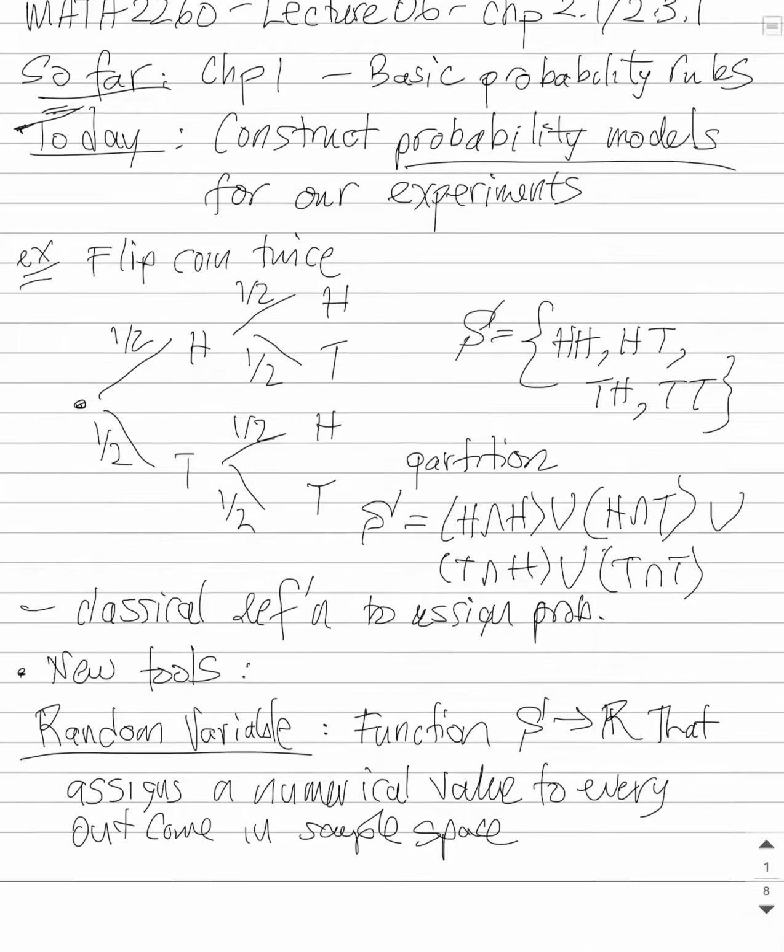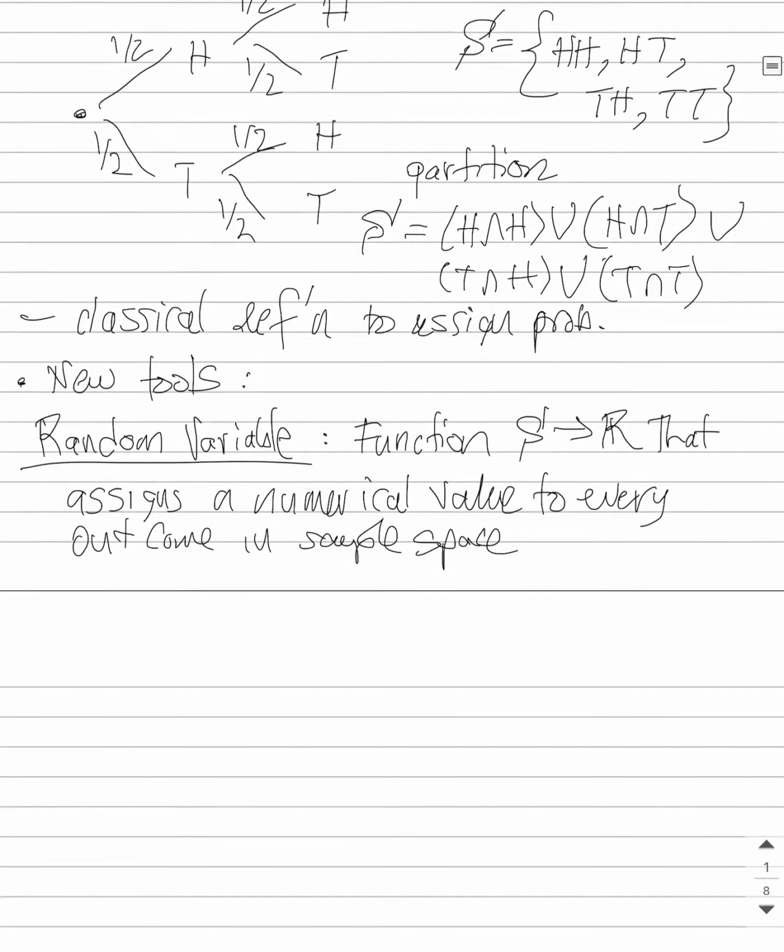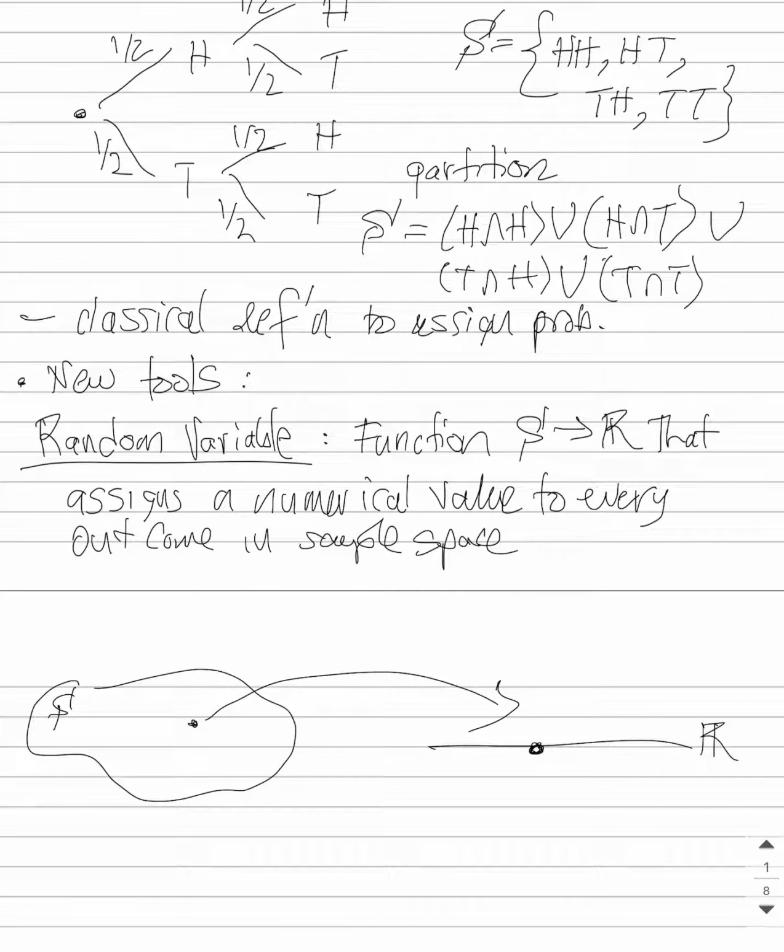So the first step is to know what's in the sample space. So in terms of a picture, you need to know every particular outcome that's in the sample space. And once you have it, you can assign to it some number. Now, the notation that we are going to use throughout this entire semester for random variables are capital letters.